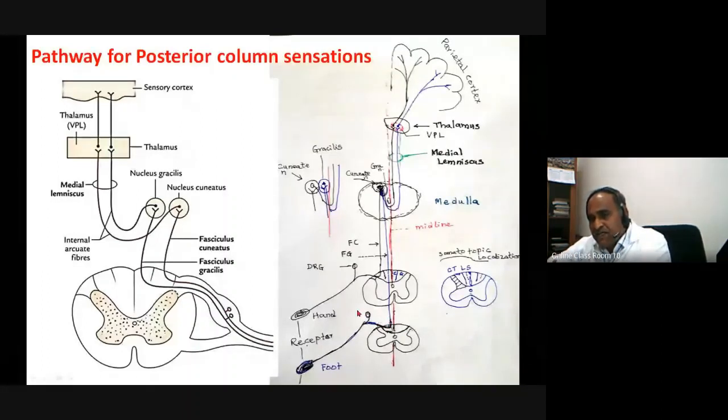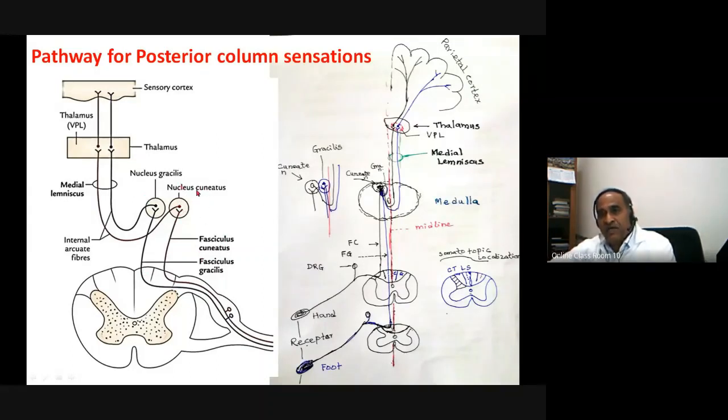Like that, they keep pushing. When it comes to the hand, that is in the thorax and cervical area, it will occupy this part. So this is the cuneate. This would be pushed laterally, and this would be medial. We have a fasciculus gracilis from the lower limb, fasciculus cuneatus from the upper limb. So they will reach the medulla.